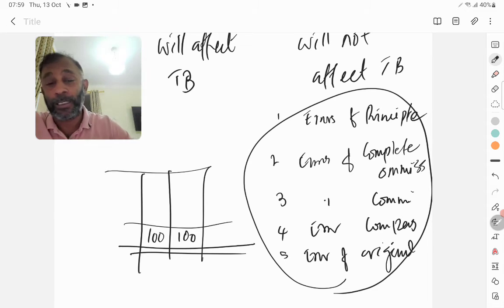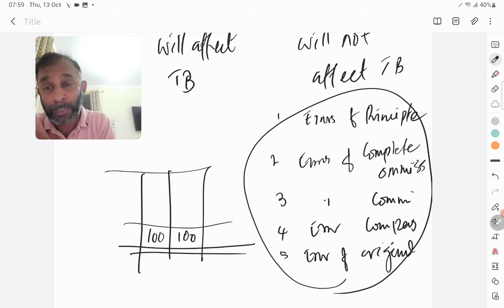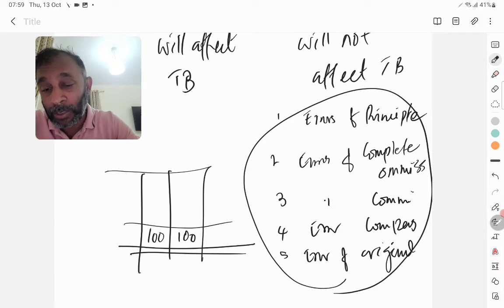And the last one, last but not the least, errors of original entry. Prior to it coming into the double entry, at the time of original entry, in the prime entry records, when you make any mistake, that will never be reflected in our trial balance. I hope it's very clear for you. Now let's go to the question.